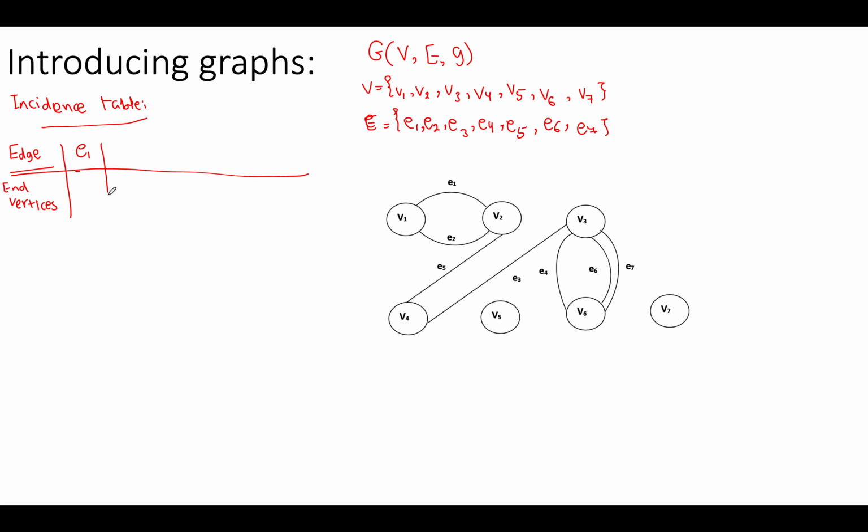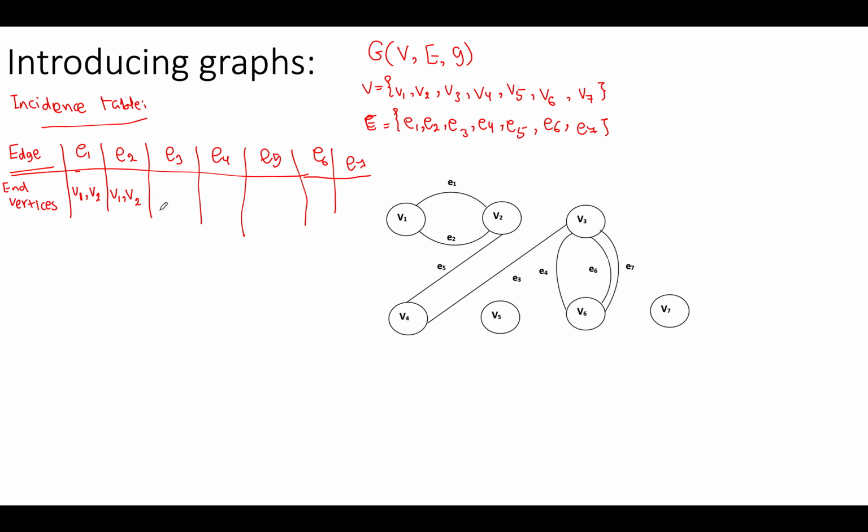So here 1, 2, 3, 4, 5, 6, and 7. Now, we can see that E1 is connecting V1 and V2. E2 is again connecting V1 and V2.